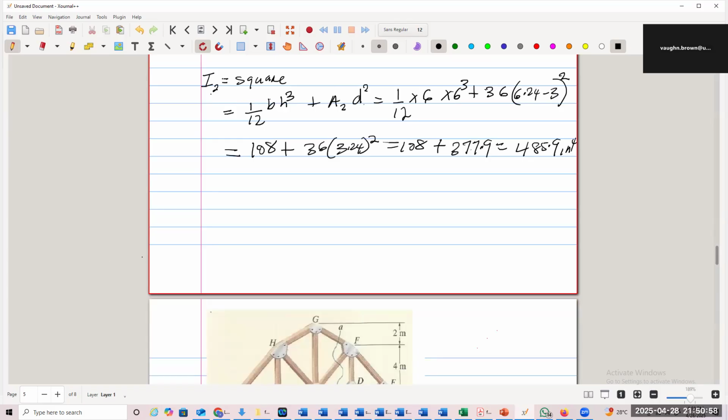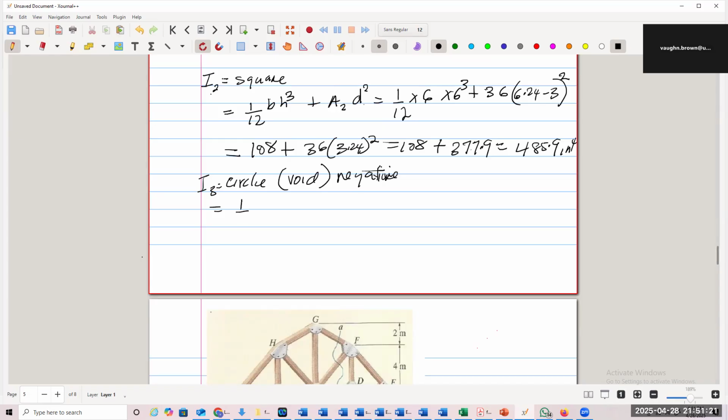Now number 3, this is I3. This is the circle, and this is a void here, so you need negative inertia. Remember, it means negative, so it's a negative value. All right, let's work it out. What is the inertia formula for a circle, please? Anybody know it?